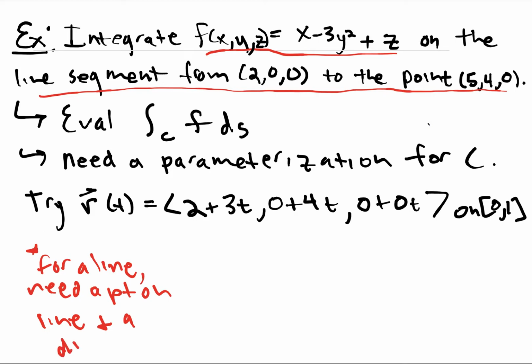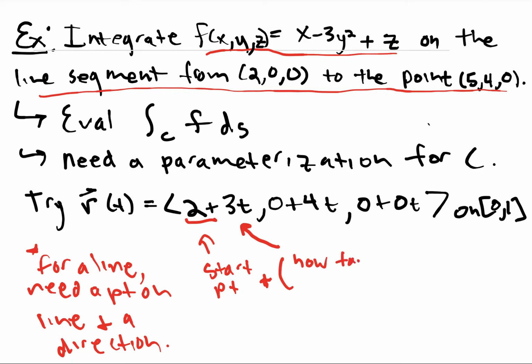So plus a direction. Here's how I set up every single one of these coordinates. I picked our starting point, and then the coefficient that I tacked on here was how far I have to travel to get to my next coordinate.